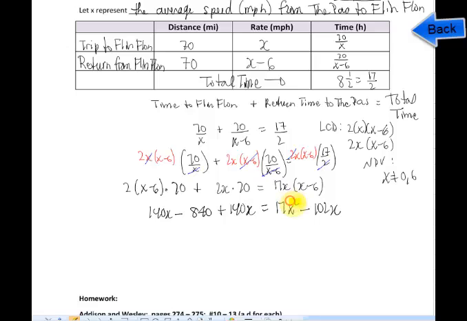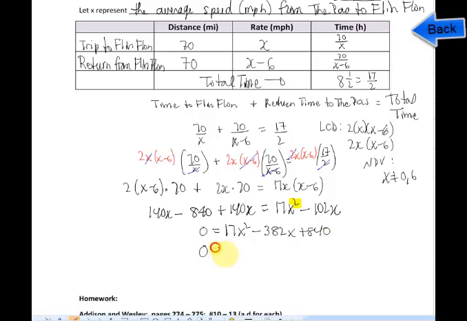All right, notice you have a quadratic, so you want to make everything equal to 0. So we're going to go 0 equals, we're going to bring everything over to the right because I want my x squared term to be positive. And I get 17x squared minus 382x plus 840.